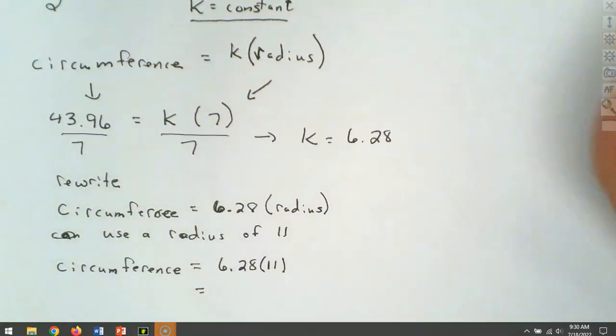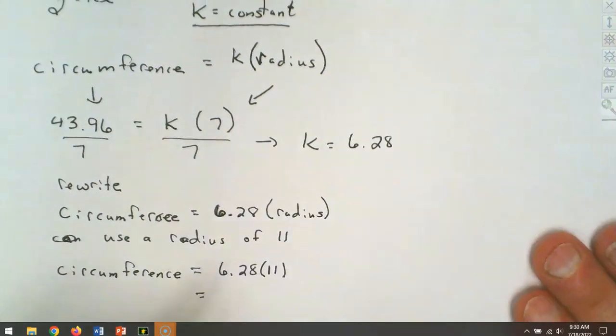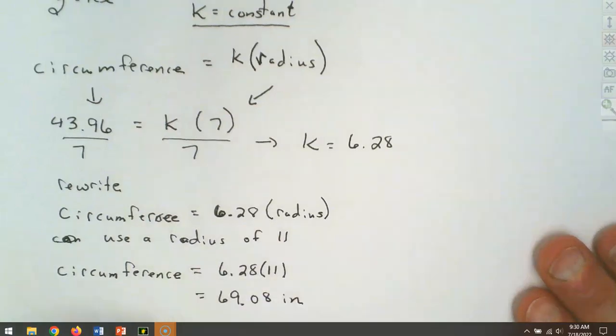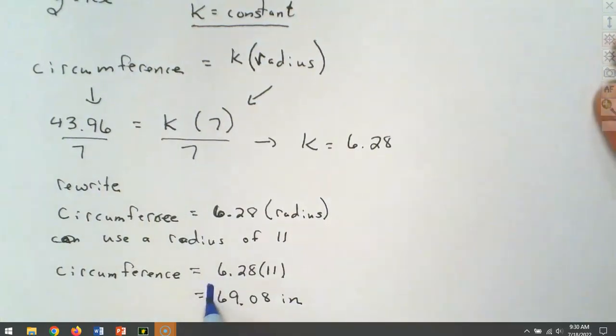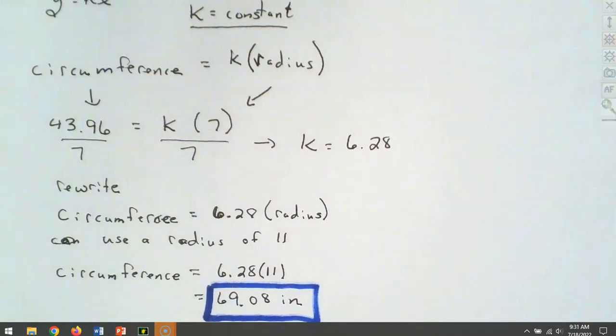And then we just simply calculate it out. So that's 6.28 times 11, and we get 69.08. And that's our new circumference, in this case in inches. So that would be your new circumference if we change that radius to 11.